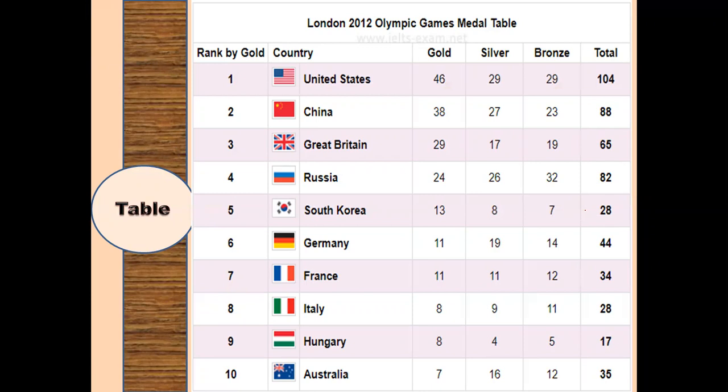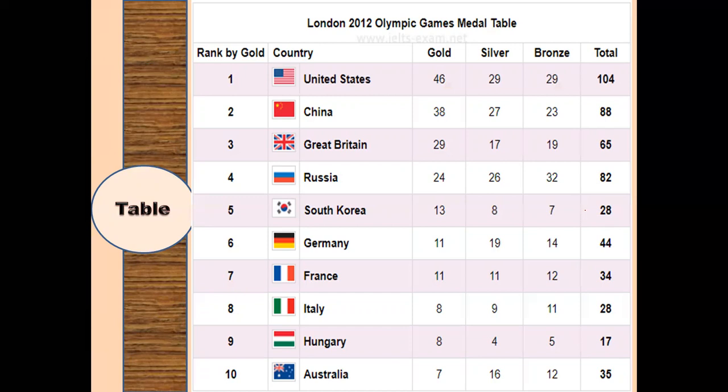Just as you see in the gold medal column, the United States has won 46 gold medals, China 38, Great Britain 29, Russia 24, South Korea 13, Germany 11, France 11, Italy 8, Hungary 8, and Australia 7.